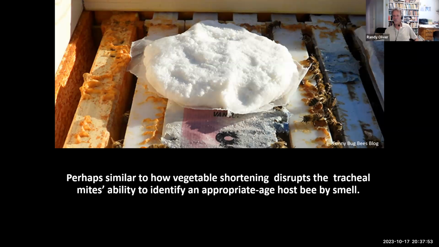So you could treat with a totally non-toxic substance, the Crisco is totally non-toxic, but by disrupting their behavior, the mites were unable to reproduce and would disappear from the hive. I was curious whether the oxalic acid is doing this.